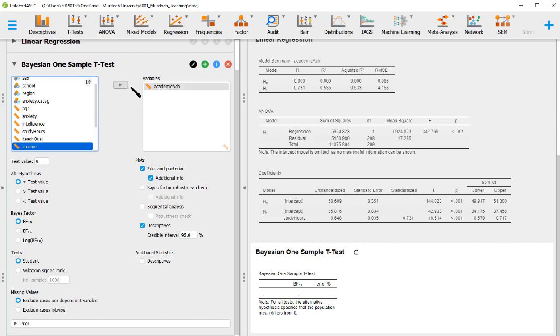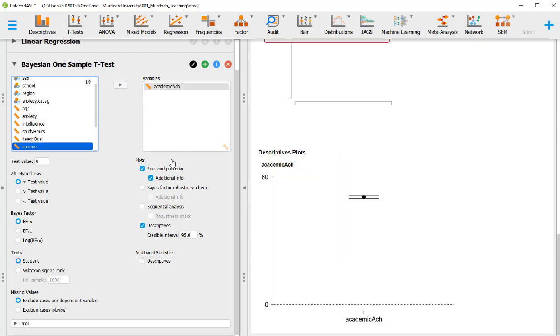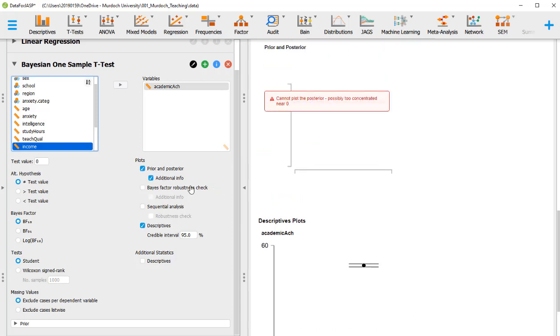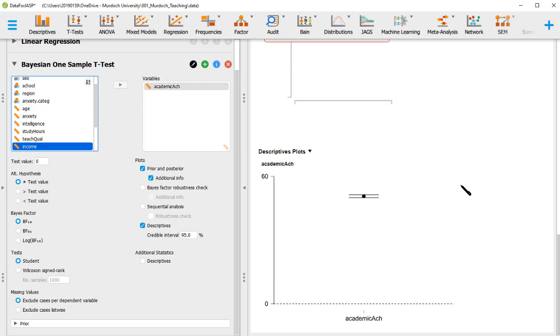So we put in academic achievement, and this prior and posterior plot sometimes doesn't work. As you can see, it's not working, but that doesn't mean the analysis is not done. The analysis is done. We put in the descriptive plot, credible interval.